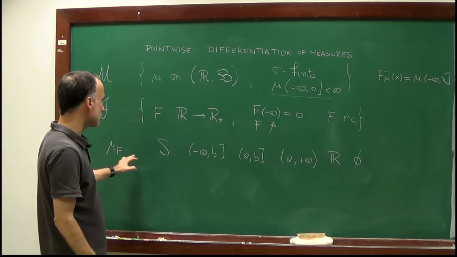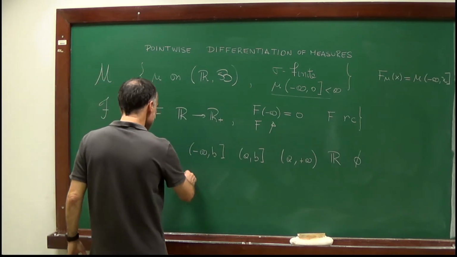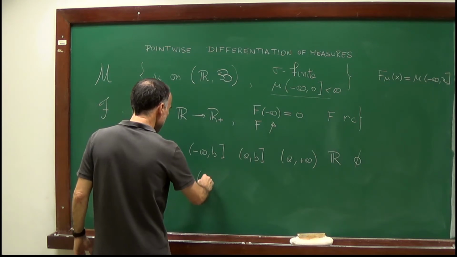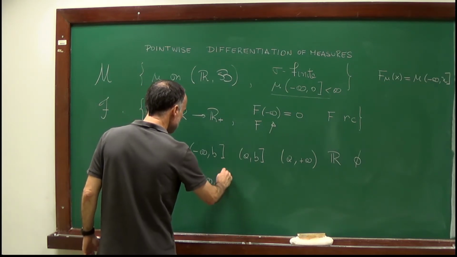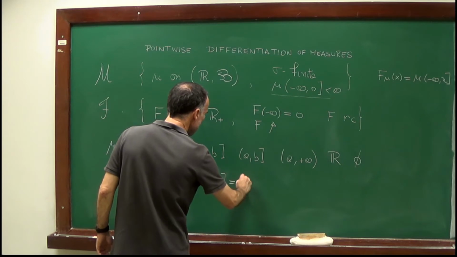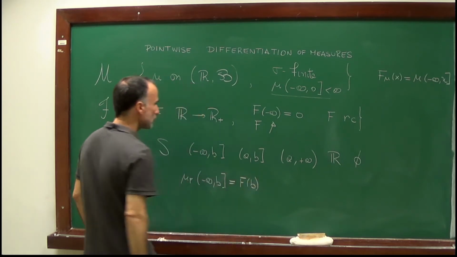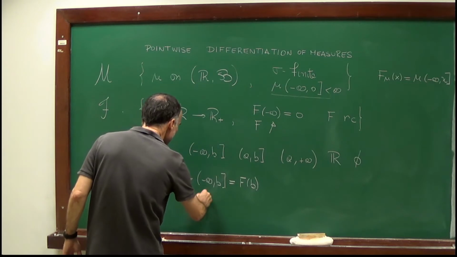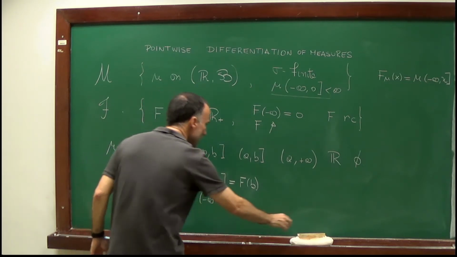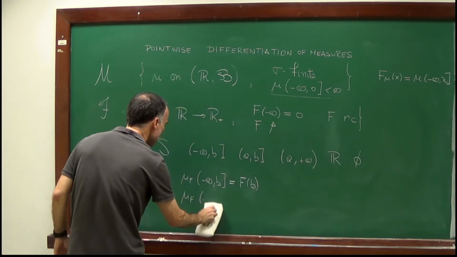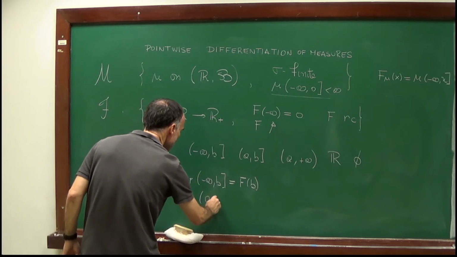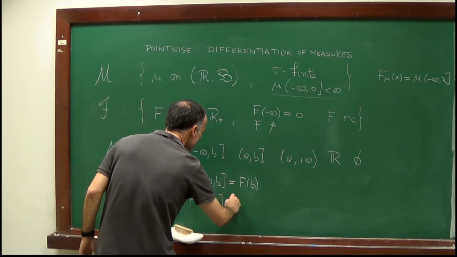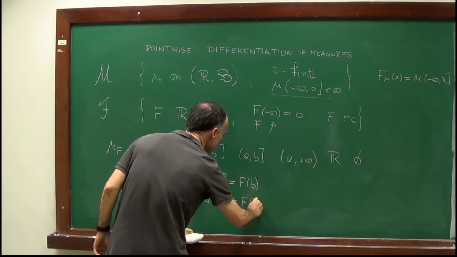So let me define the measure of such a set. Mu f of the set (minus infinity, b] will be given by f of b. Mu f of (a, b] will be defined as f(b) minus f(a).